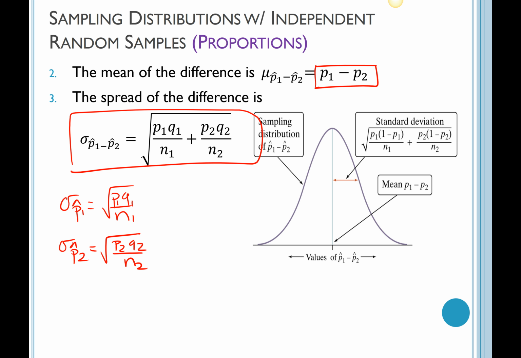We can't simply subtract the standard deviations because we learned earlier within our units that we can't simply subtract standard deviations, nor can we add them. Remember that we can only take the variance here.